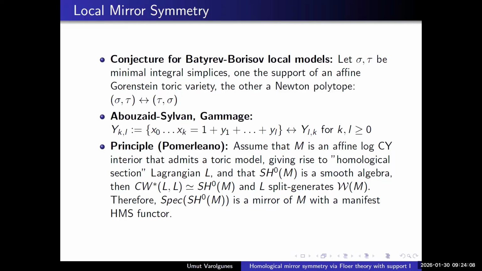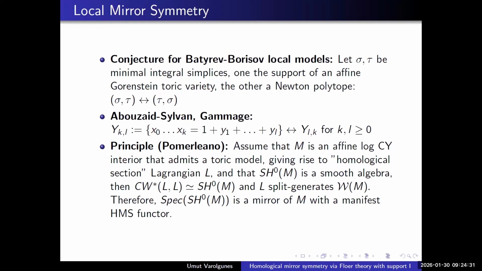So that's one part. The second assumption is that this symplectic cohomology, this commutative algebra, its spectrum should give you a smooth variety, so it shouldn't have any singularity. If these two conditions are true, then I claim this is the principle for local mirror symmetry for M. It will hold.